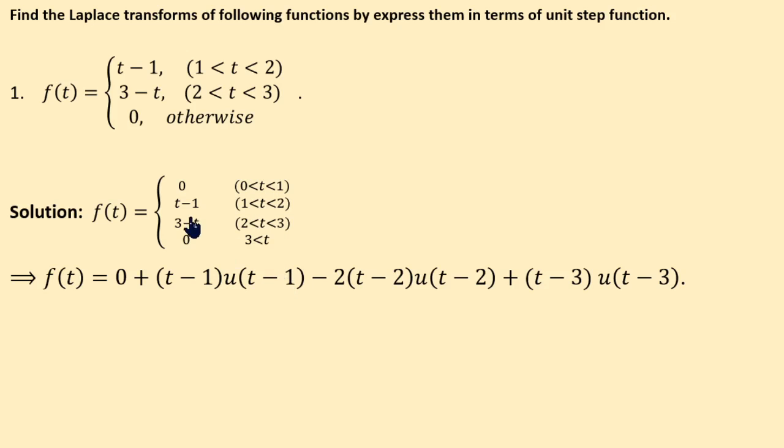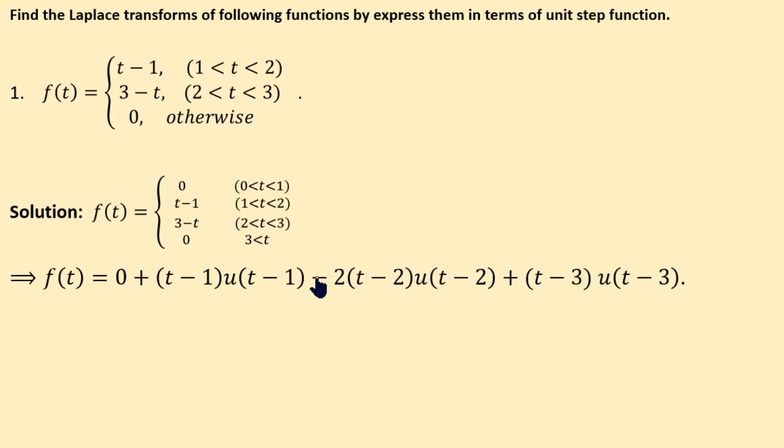Then plus the third function minus the second function, that means 3 minus t minus (t minus 1), that means 3 minus t plus 1. So 3 plus 1 is 4, minus 2t. Take minus 2 outside, so it becomes minus 2 into t minus 2.